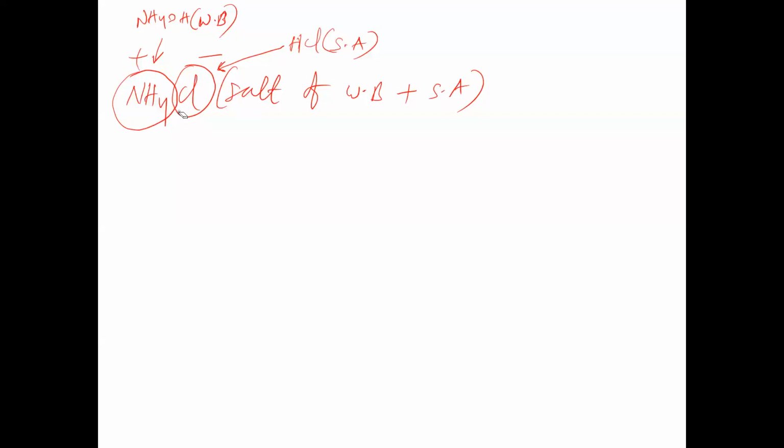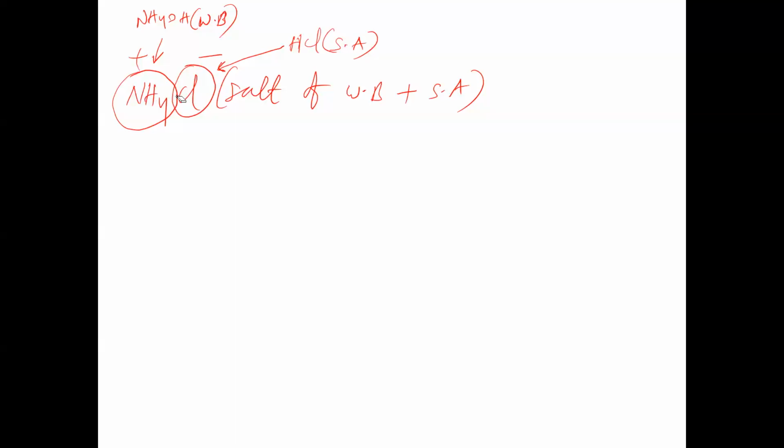So in this case, which ion, cation or anion, will be interacting with water, we have to understand. Now this anion is from a strong acid, and the cation is from a weak base. So the cation is coming from the weak base, therefore this cation will be more reactive. The anion Cl minus is from a strong acid, therefore it is less reactive.